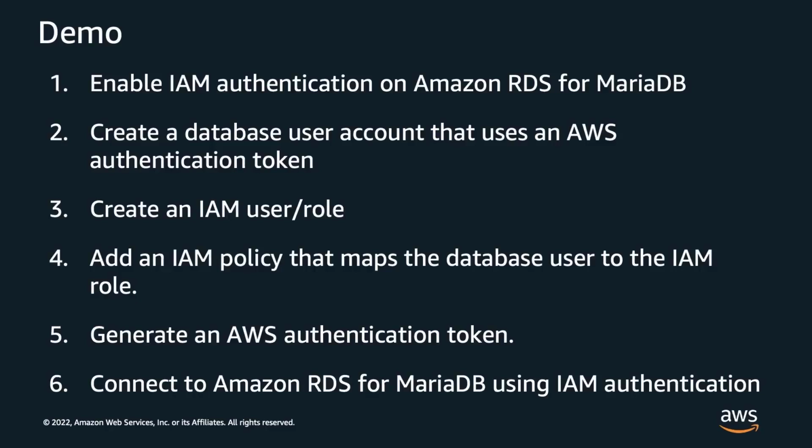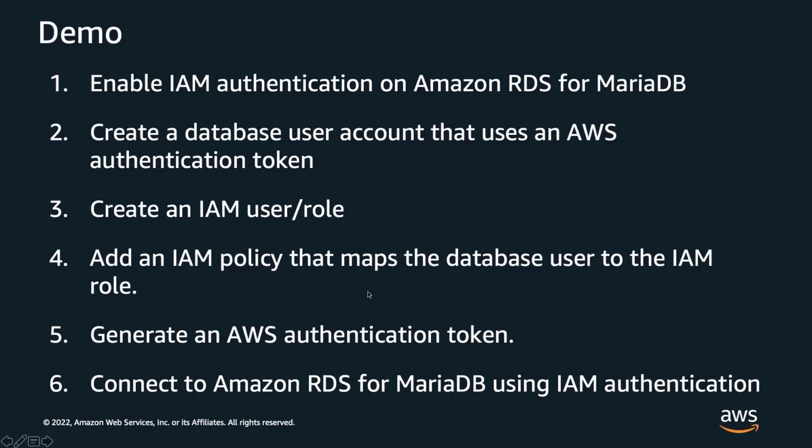So we will create an IAM user, and then to that IAM user, we will add an IAM policy that has a tight integration with our database user. And then we will generate an AWS authentication token. That token will act as a password for that database user. And then we will connect to our RDS MariaDB instance using IAM authentication.